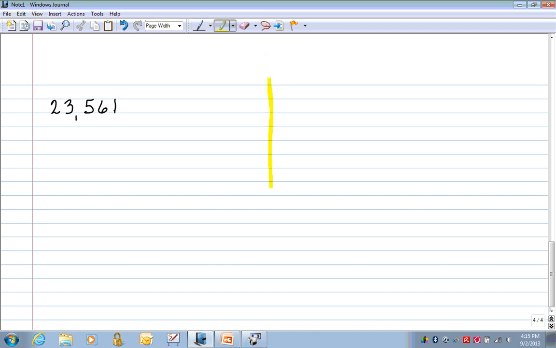And on the right side of your two column notes, we have already written it in standard form. So I would like to see on the right side of your two column notes that number written in expanded form and also in word form.